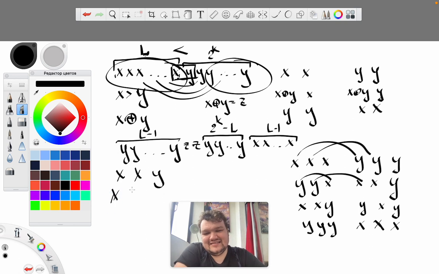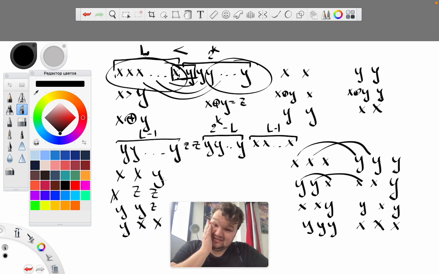X, Z, Y, Z, Y, X. Okay. So I can actually, if I have two equal and one different, swap one of the equals with this different one, like this.